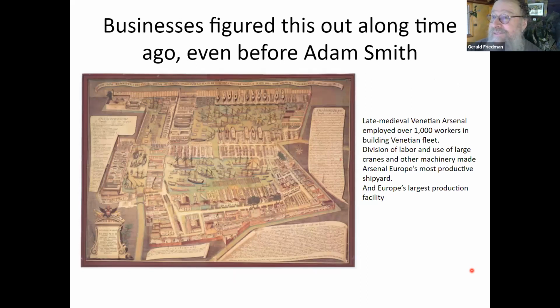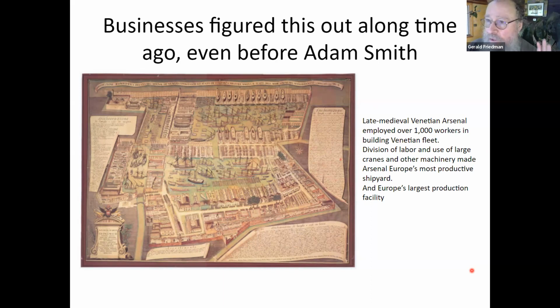Economies of scale in production. You need big factories for chips. The Venetians, Venice figured this out. And the largest production facility in Europe until the 19th century was the Venetian Arsenal. Over 1,000 workers. Different people would be doing the different tasks.